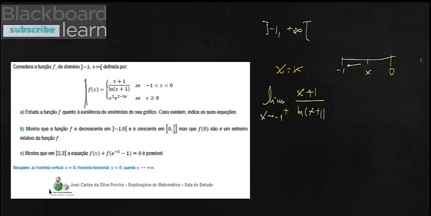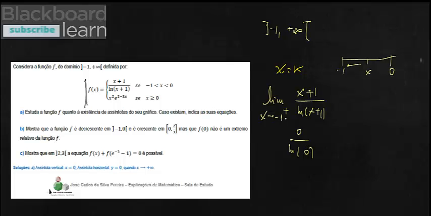If I substitute x by -1 in the numerator, I will get 0, and in the denominator I will get logarithm of 0, but it is 0 with a sign plus or a sign minus.